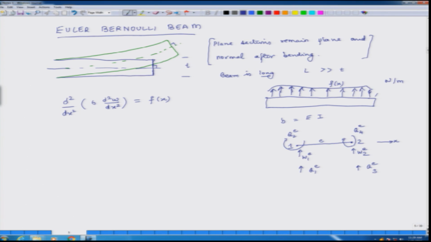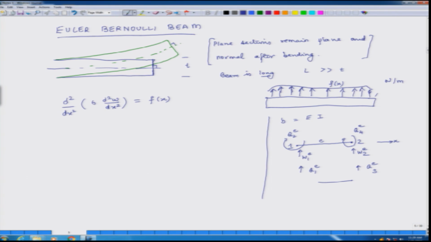So, Q1 and Q3 represent shear forces, and Q2 and Q4 represent moments, and these moments are positive if they are clockwise, and negative if they are anti-clockwise. So, W is the deflection of the beam, positive if going up, and if it is going down then it is negative, and Q's are shear forces and moments. I would also like to mention slopes at both the ends, but we will not discuss that at this stage.